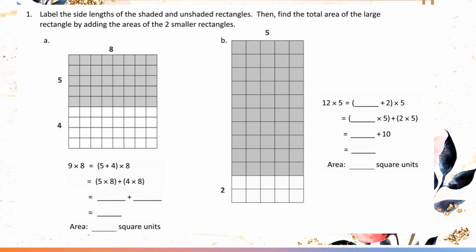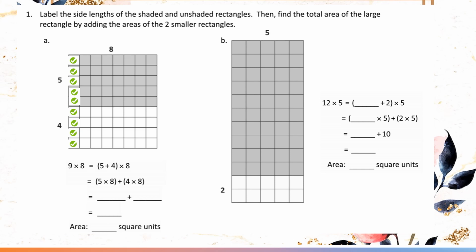So let's start counting the length under letter A on the rectangle, the entire length, okay? 1, 2, 3, 4, 5, 6, 7, 8, 9.